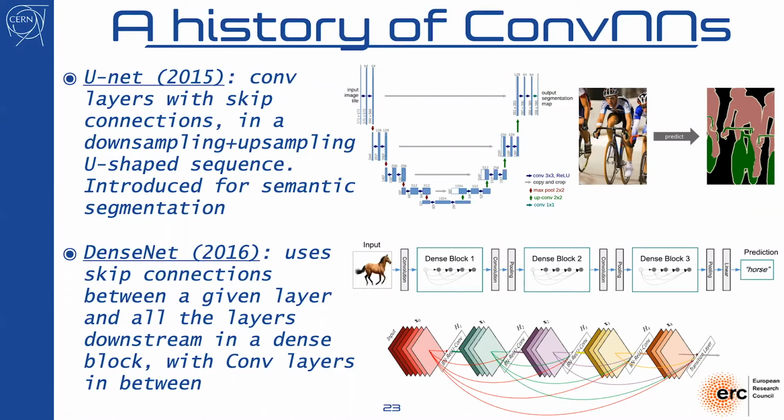Technically, it's a transpose convolution that you're doing. And then with these skip connections. And this is one of the best semantic segmentation networks that is now on the market. And one of the latest image processing networks for classification tasks is DenseNet, 2016, that uses skip connections basically with every other layer.